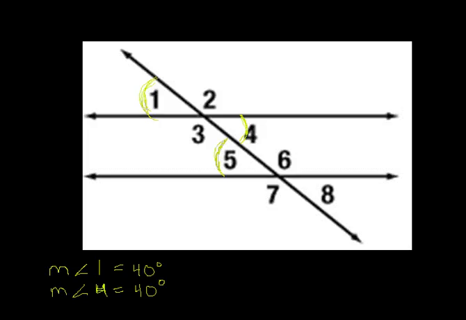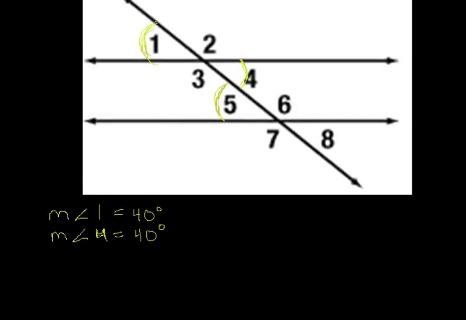Go ahead and write that down as well. Move the screen down just a bit. So the measure of angle 5 equals 40 degrees. Well, if you look up here, angle 5 and angle 8 are vertical, which means that they're always congruent.